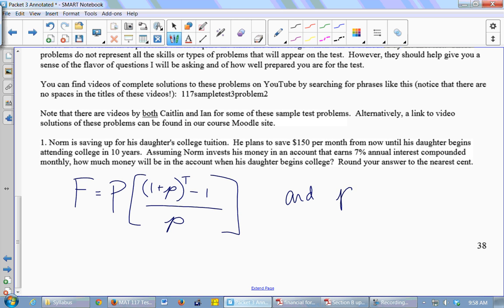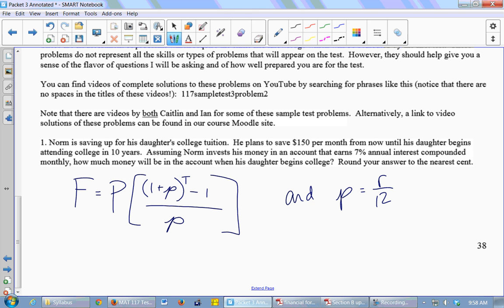Little p is your interest rate divided by 12, because this is monthly. So little p is called your periodic interest rate. Because you're making monthly deposits, we need a monthly interest rate. Periodic interest rate is your interest rate divided by, in this case, 12, because you're making monthly deposits.